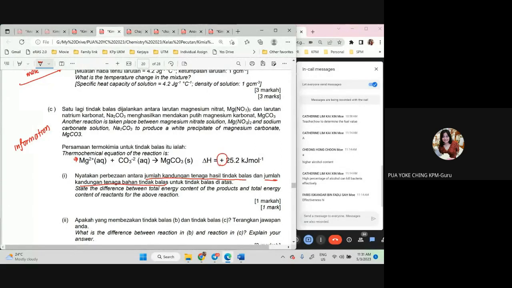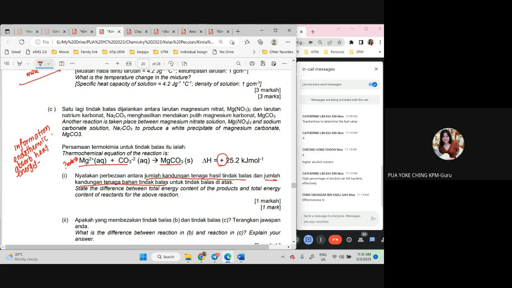Selain you nampak dia positif, this is endothermic. Selain you nampak dia absorb heat energy. Selain you nampak apa produk, apa reactant, berapa mole.